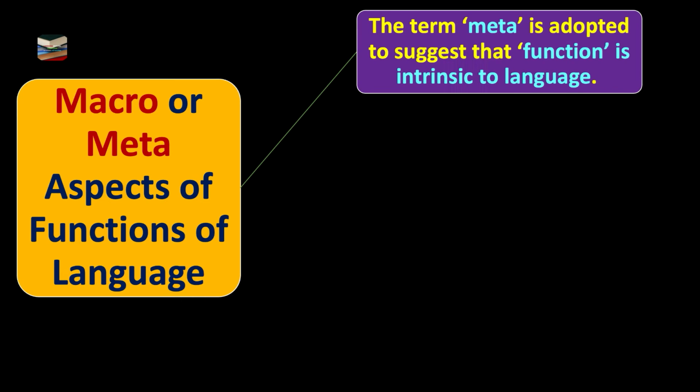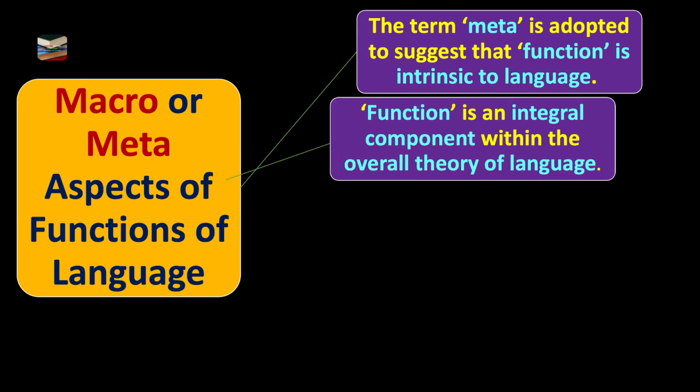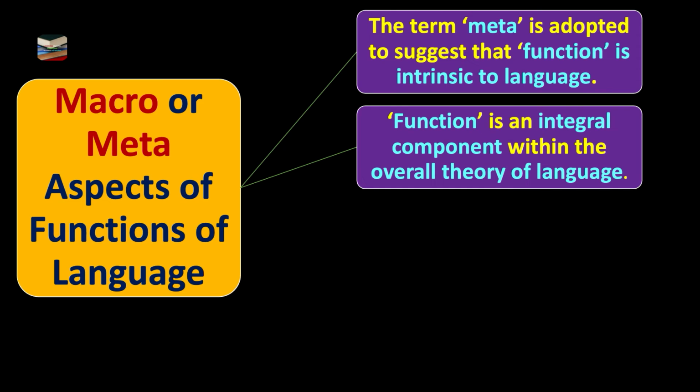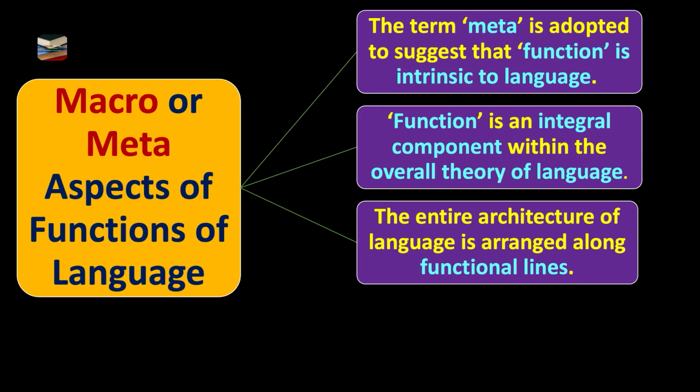Now we move on to the macro or meta aspects of functions of language. The term meta is adopted to suggest that function is intrinsic to language. In other words, we can say that function is an integral component within the overall theory of language. That is to say, the entire architecture of language is arranged along functional lines.